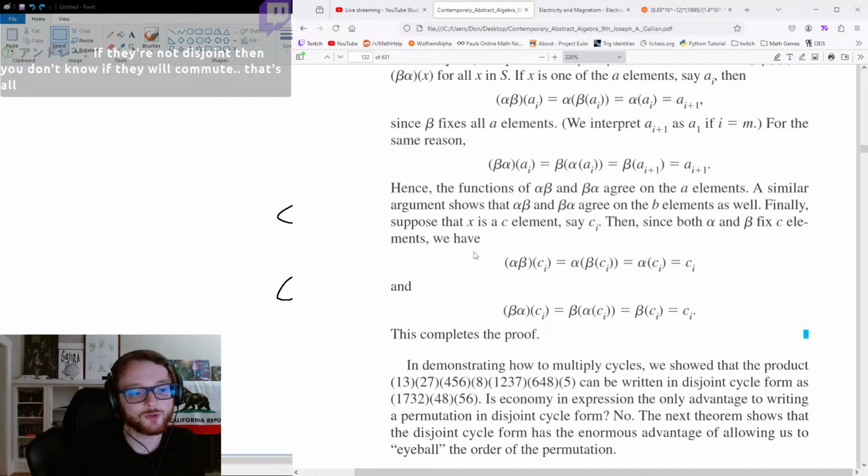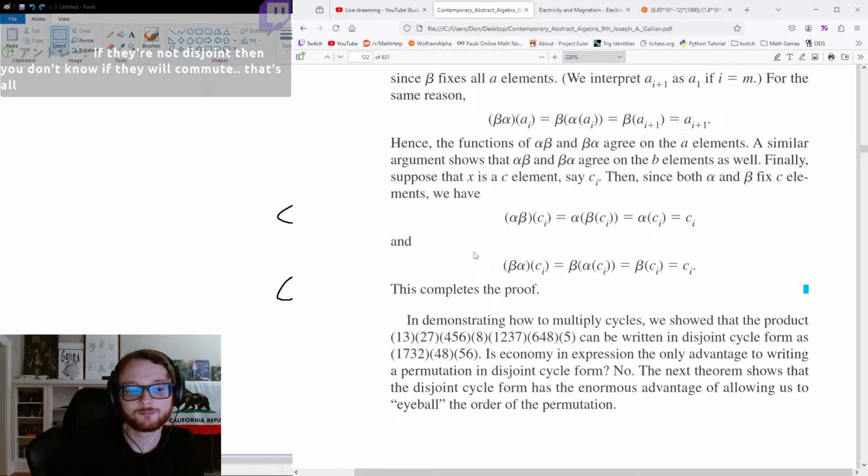If they're not disjoint, then you don't know they'll commute. Yeah, it just feels like the idea of a disjoint cycle in the first place is weird. I think we should just be in the universe where it's always disjoint. I don't know. It's just a frame of mind thing.